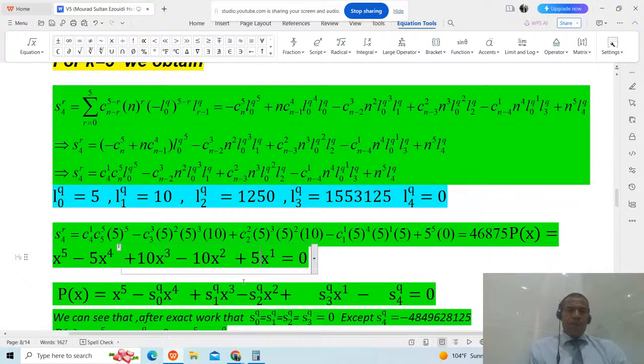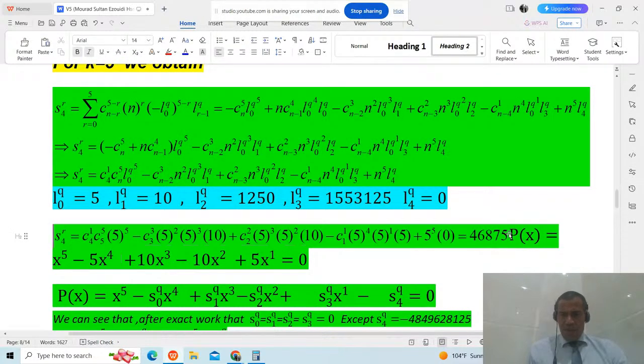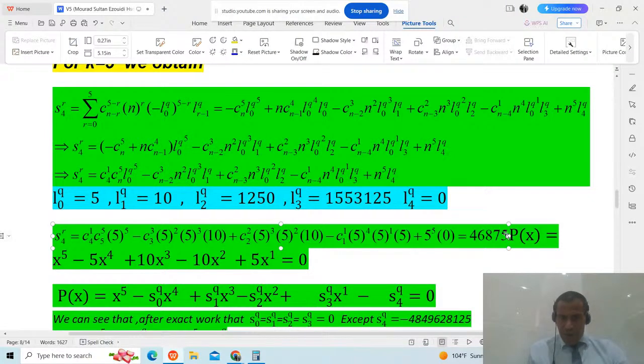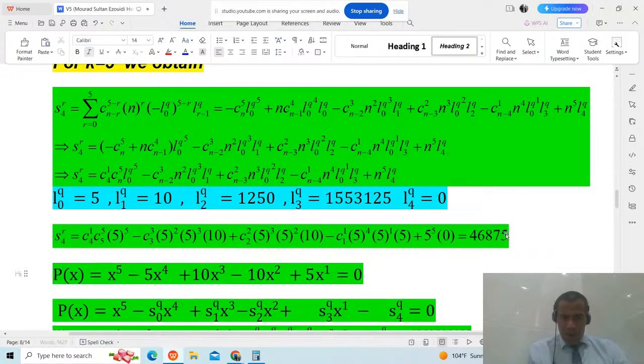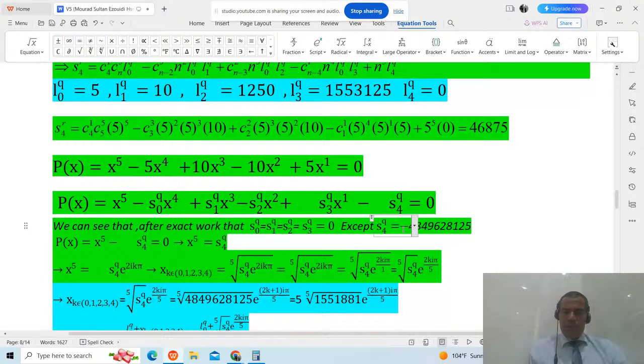Therefore, I will now find out the value of S4. All the values of S0, S1, S2, S3 are known. Now just write 4, 6, 8, 7, 5.